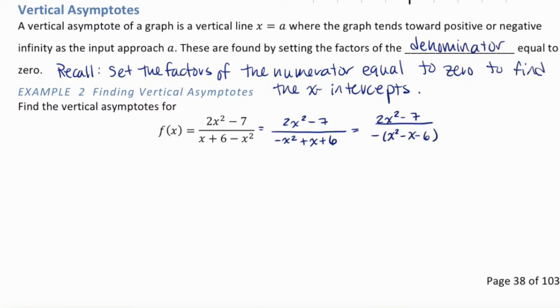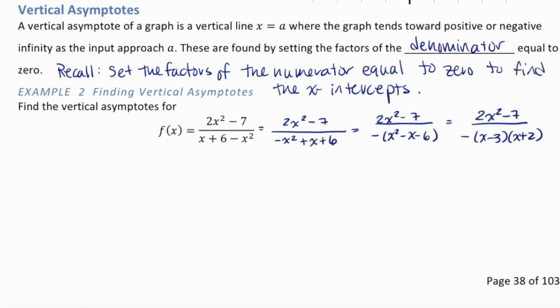If you notice, what I did here in my first step was I factored out a -1 from each term, so the negative x squared became positive, the positive x became negative, and the positive 6 also became negative. Now we can factor our denominator. We end up with x minus 3 and x plus 2.